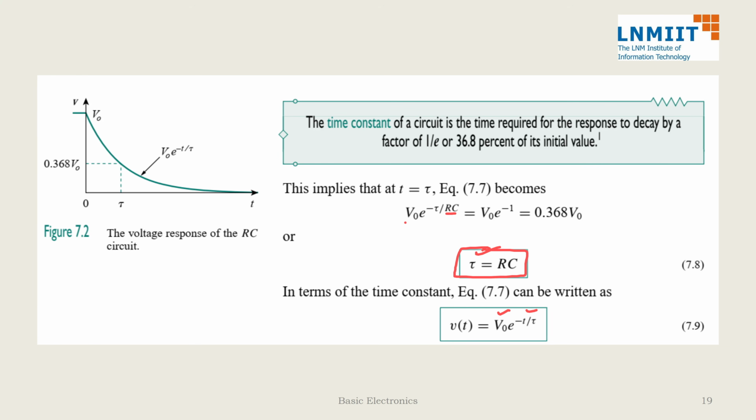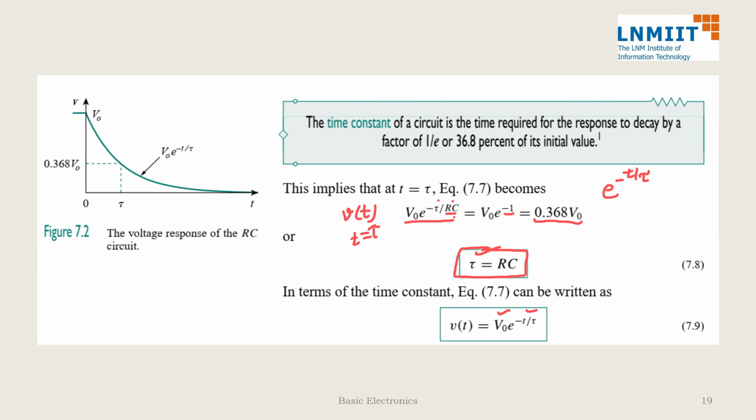If I take this equation and put t equal to tau, it will be e raised to power minus t by tau, and t is tau, that means e raised to power minus 1. So I can say that v of t at t equal to tau is 0.368 V naught.